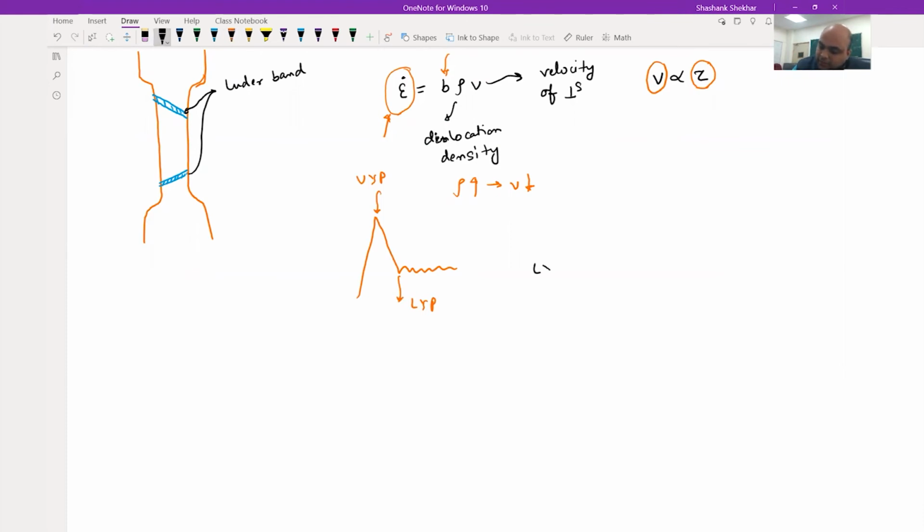So let me write down lower yield point. And this happens, okay, reduction in the stress to maintain constant strain rate.